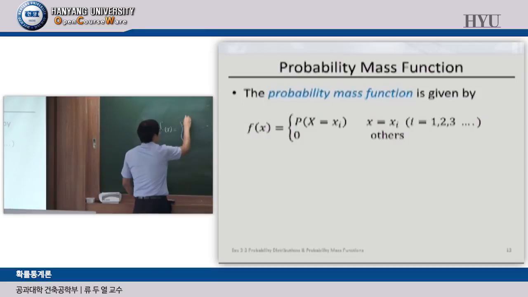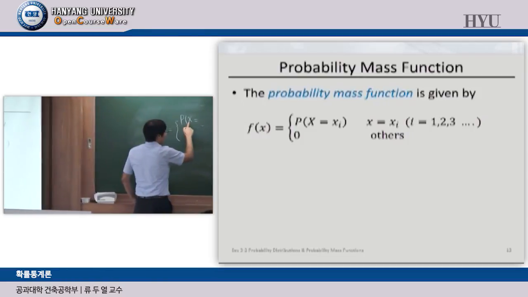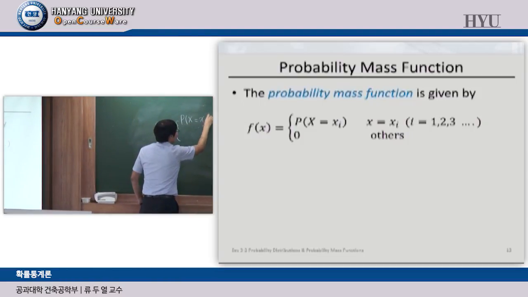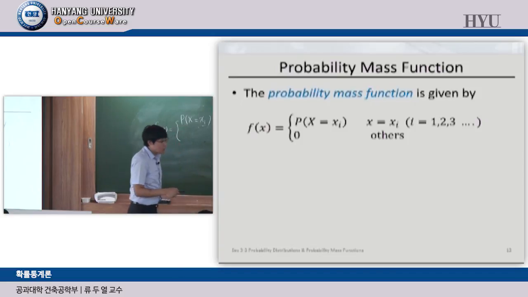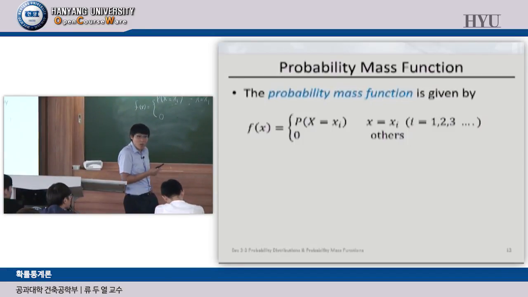First one is the probability of X when X is equal to small xi. And in this case, X equals xi and i can be 1, 2, 3, 4. And for other cases, the probability mass function should be equal to 0. And this can be understood by the following example.